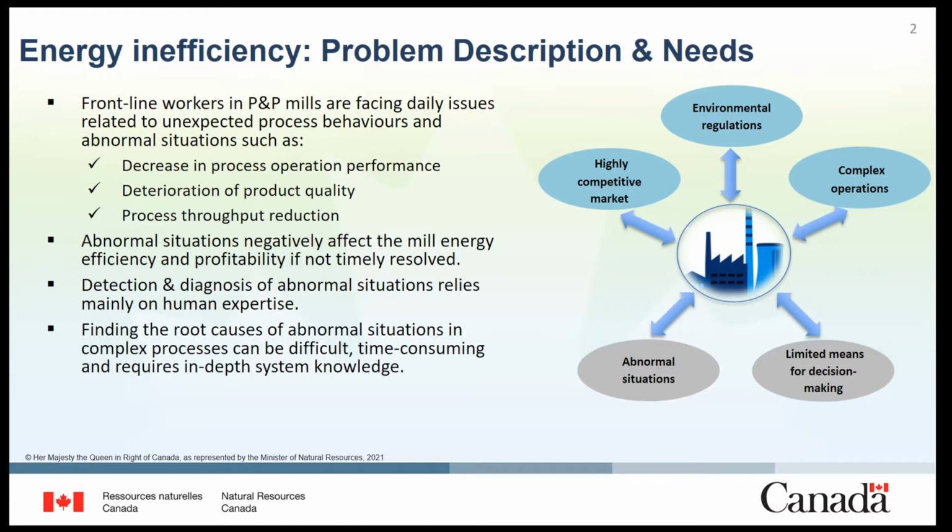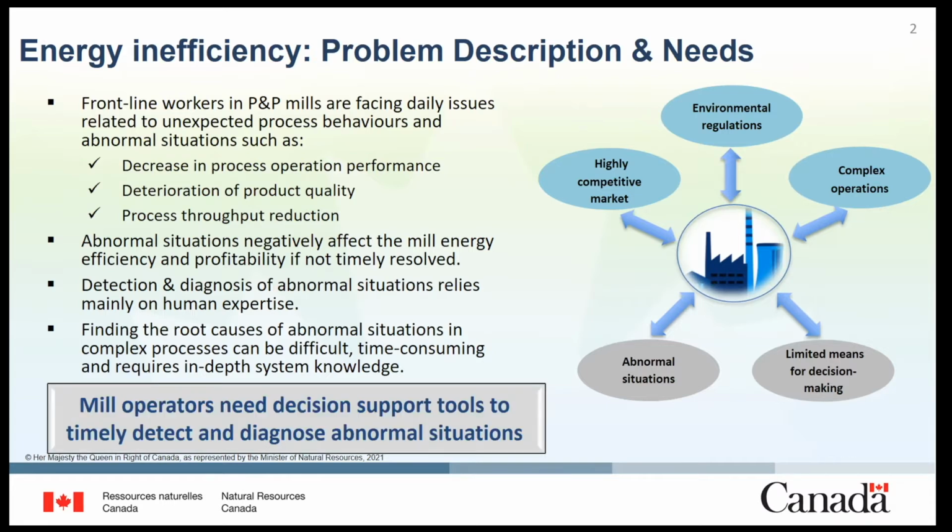But until now, the detection and diagnosis of abnormal situations rely only on human expertise. However, finding the root causes of abnormal situations in complex processes can be challenging and time-consuming even for experienced process engineers or process experts.